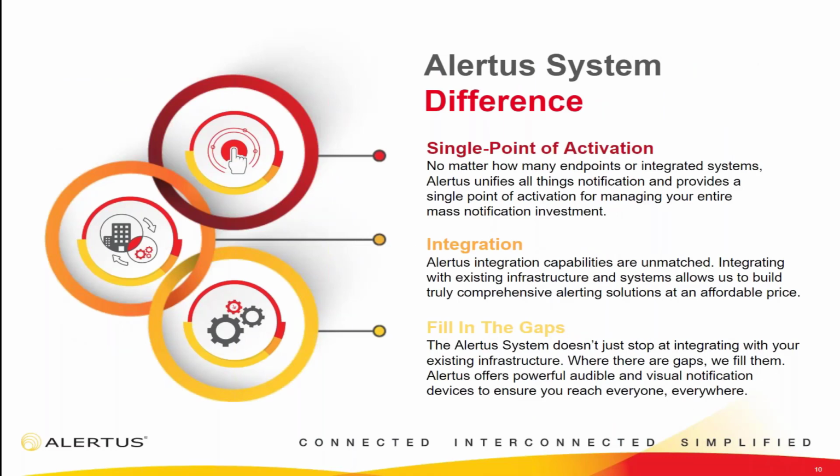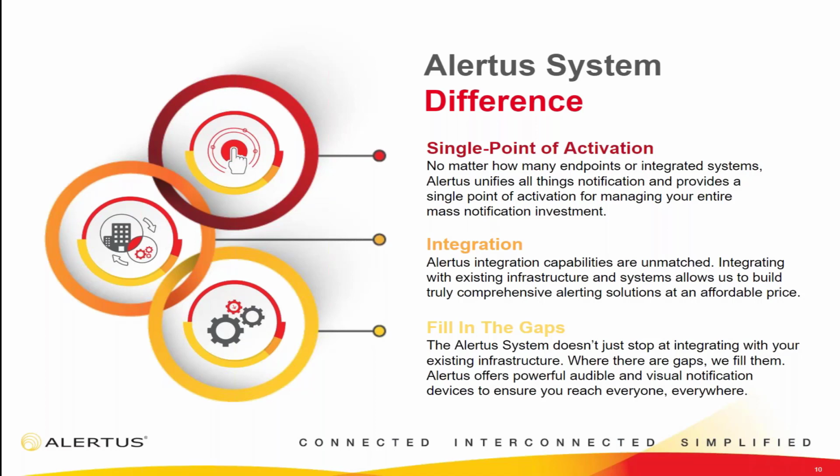Now, how does AlertUs approach unified mass notification, especially within the industrial and manufacturing environment? So we take a three-pronged solution, if you will, to emergency mass notification. First and foremost, we want to give all the end users a single point of activation.